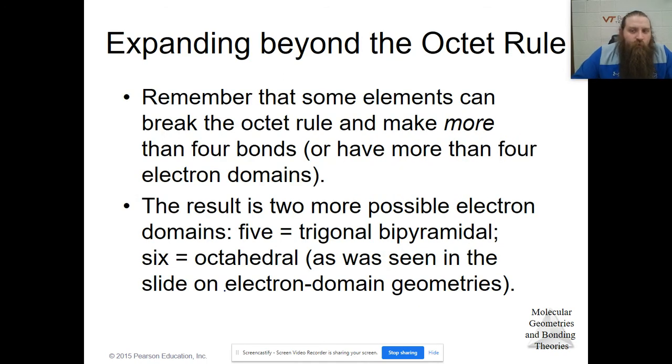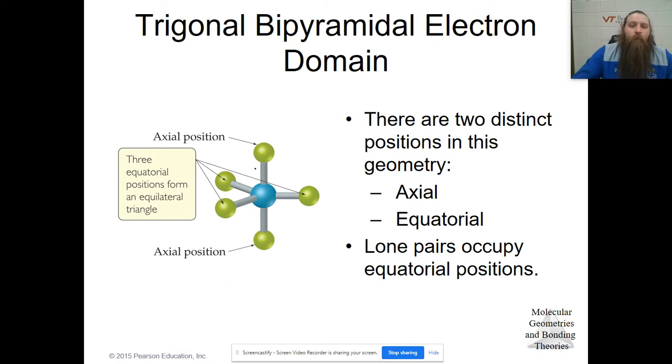Now, there are some elements we talked about in the other video that can break the octet rule. They make more than 4 bonds. This means we can have additional electron domains. You can get 5 or 6, right? If you look back at that slide with the pictures, where we talked about why it's called trigonal bipyramidal or octahedral, you can see those electron domains. Now, there are 2 distinct positions you'll see in trigonal bipyramidal.